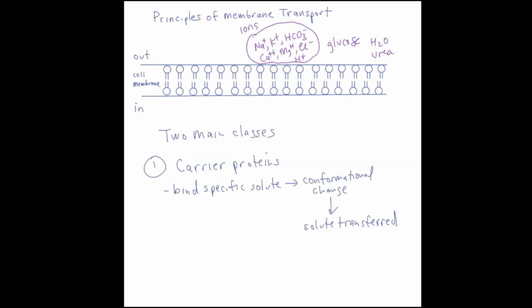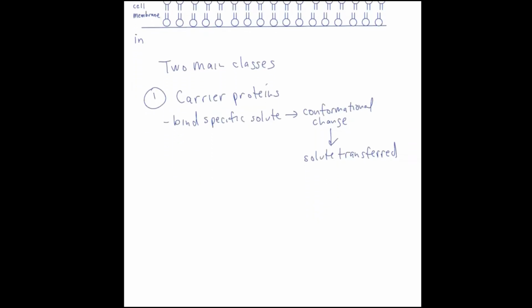Now, there are a couple of mechanisms of how this transport could work. Let's start first with passive transport. What passive transport is referring to is that it does not require energy input.